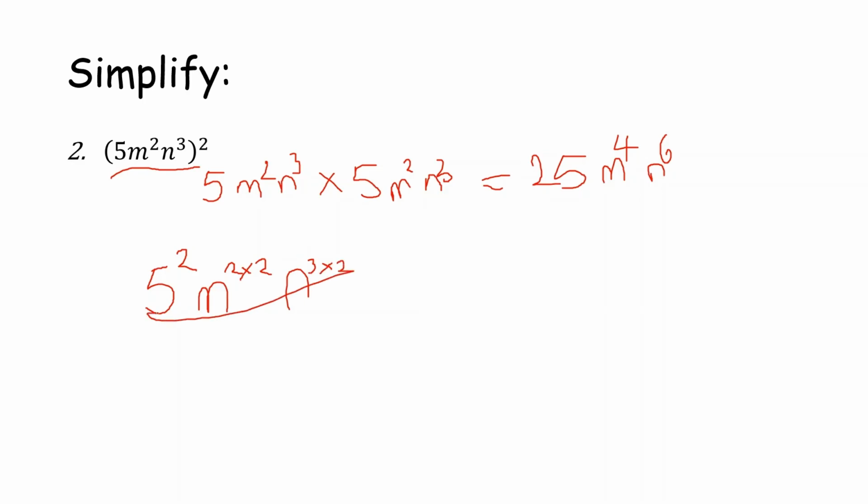So the law of indices is telling us that this is going to give us 25 m raised to power 4 n raised to power 6. So law of indices will save us the stress of adding up one after the other.